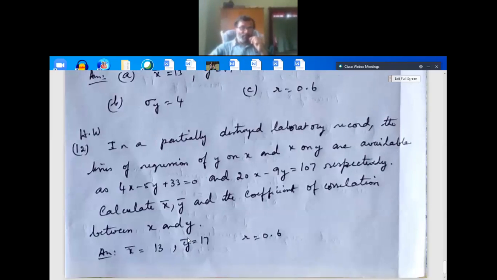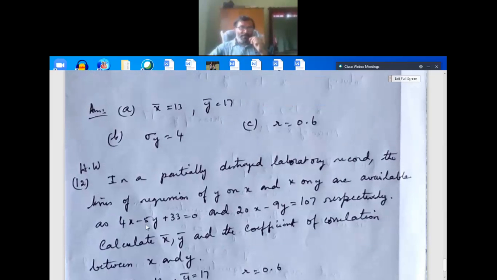Then to find r, we assume that this equation is y on x, and this equation is x on y. Write this as y equals, and write this as x equals. In the equation you wrote as y equals, the coefficient of x is byx. In the equation you wrote as x equals, the coefficient of y is bxy.